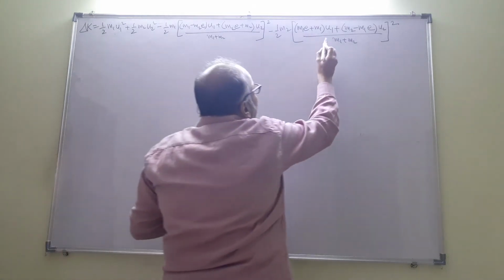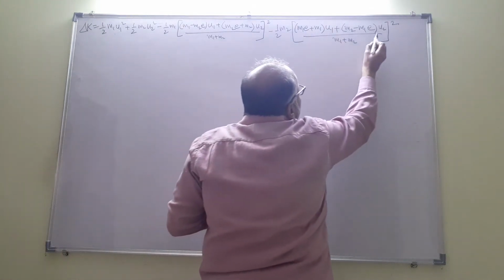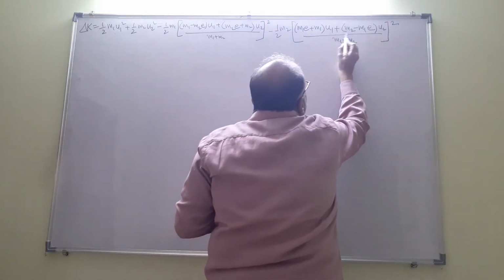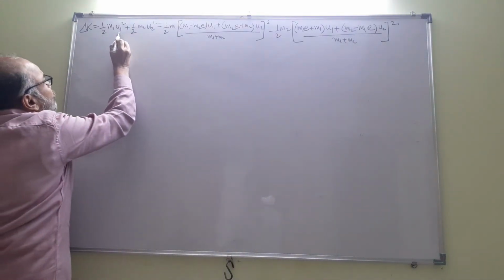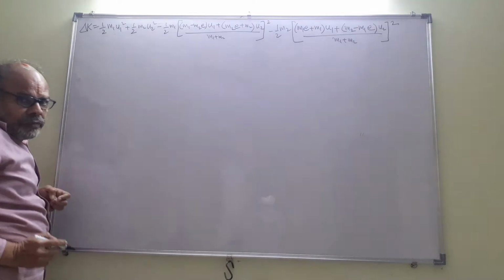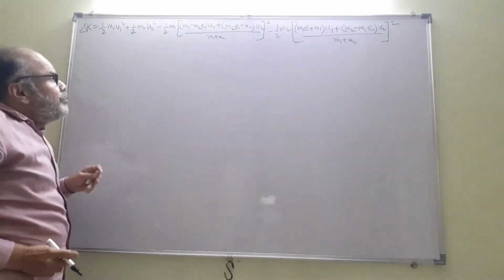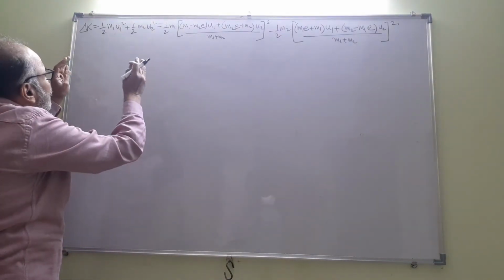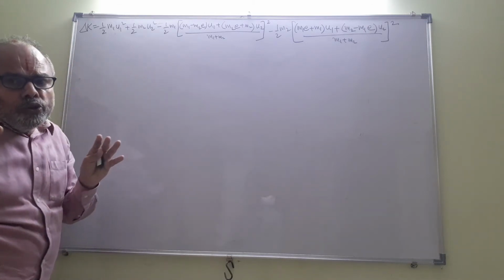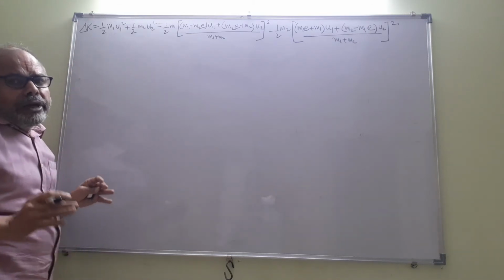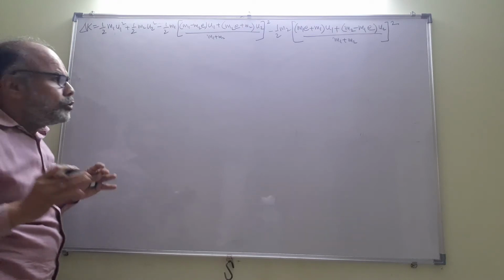Similarly, here you will have a u1 squared term, a u2 squared term, and a u1 u2 term. Here you already have a u1 squared term and a u2 squared term. So what we are going to do is bring all the u1 squared terms together, bring all the u2 squared terms together, and bring all the u1 u2 terms together.